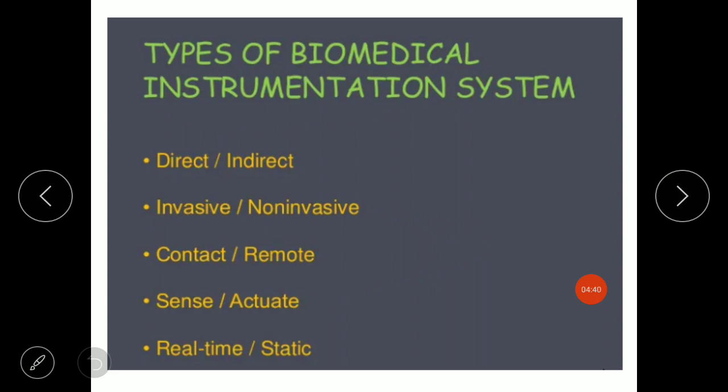But apart from this major categorization, there are several other ways to classify biomedical instruments, and these are the categories listed here: direct or indirect, invasive or non-invasive, contact or remote, sensor or actuator, static or real time.